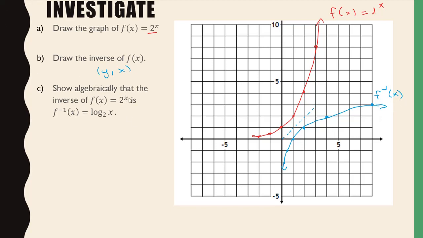Okay, our final step then. So show algebraically that the inverse of f of x is equal to 2 to the power of x is f inverse of x is equal to the log base 2 of x. All right. So when we're taking this inverse, that means we're going to swap the positions of these two variables. So it's going to become x is equal to 2 to the power of f of x.